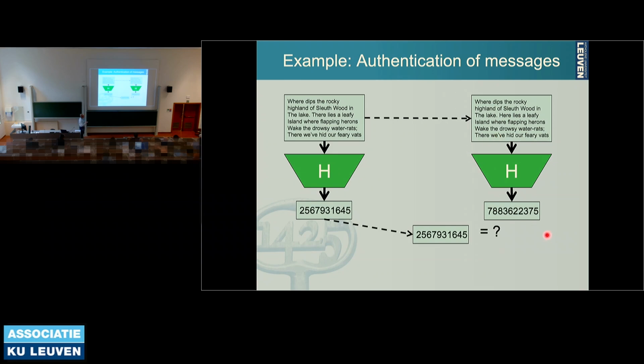If there is a match, then we assume that no change at the input has occurred, because our hash function is such that it's not practically possible to find 2 inputs that go to the same output. So here I made a change somewhere in the input such that the output has changed. So then you know that something went wrong.